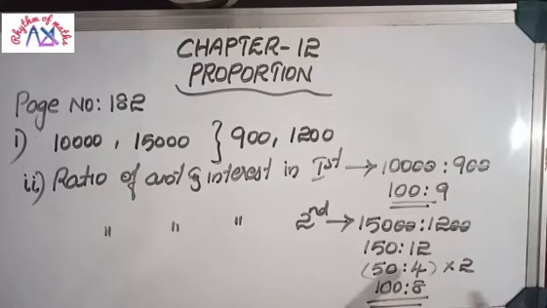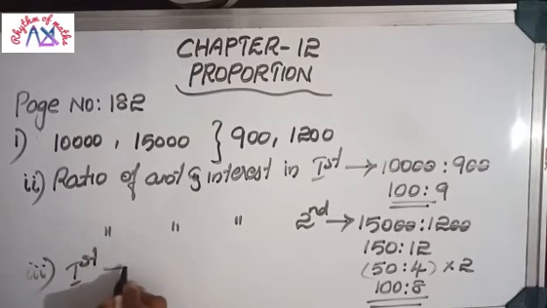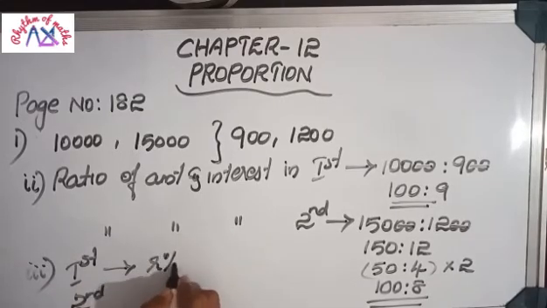I did this because for the third sub question we have to write the rate of interest, which is the third sub question: the rate of interest for the first scheme and for the second scheme, as a percentage. Rate of interest we always write in terms of 100 rupees. For every 100 rupees, what is the interest?